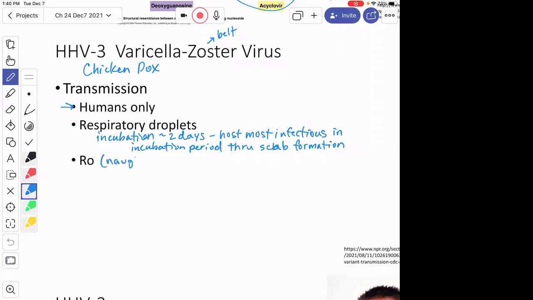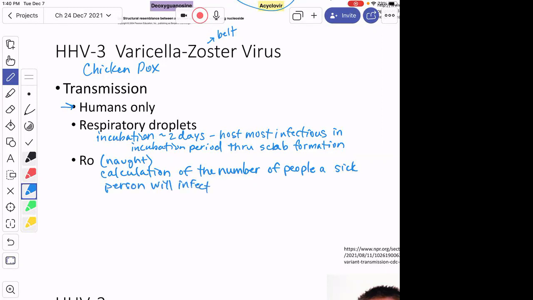Okay, so you pronounce that little zero as "not," R-naught. And this is a calculation of the number of people a sick person will infect if you assume that the entire population is vulnerable to the virus.